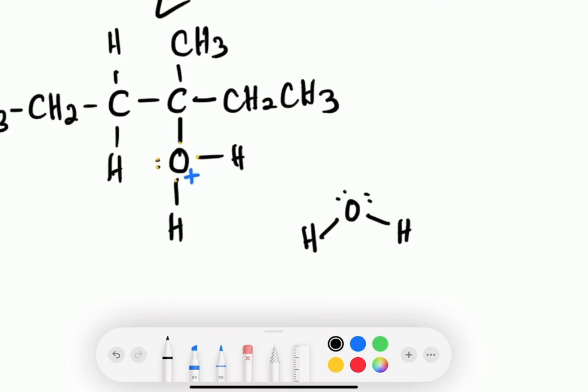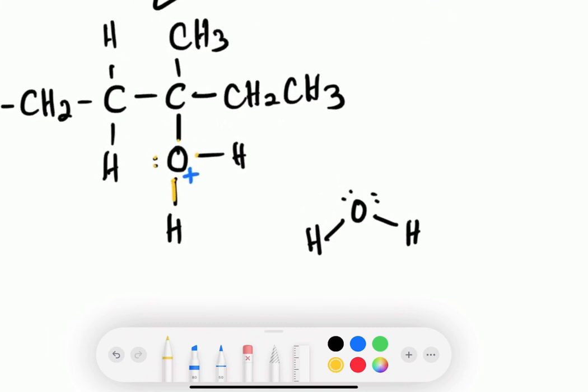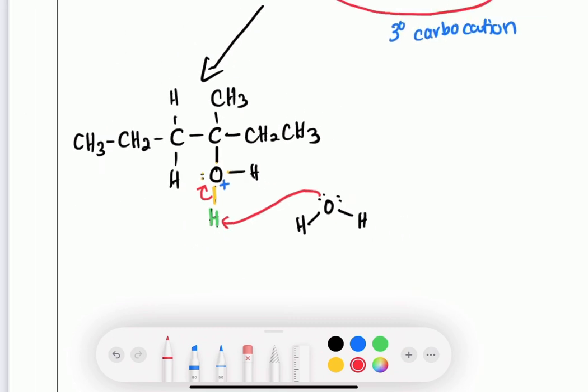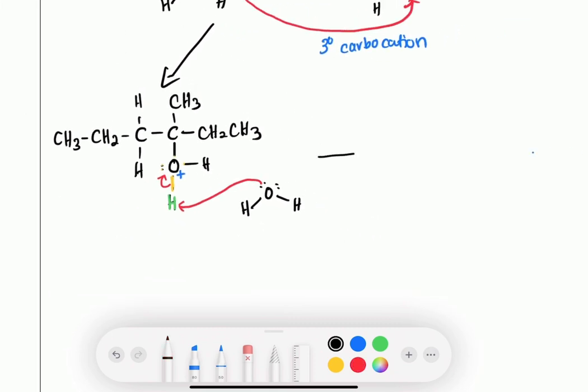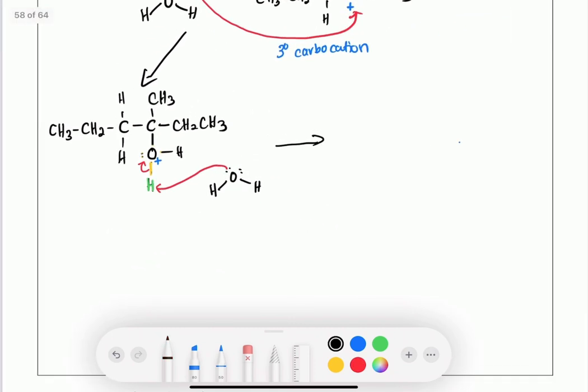At this bond it will undergo heterolytic cleavage. Both of the electrons will be given to oxygen, H will be a hydrogen ion, and so oxygen will donate 2 of its electrons to produce this.